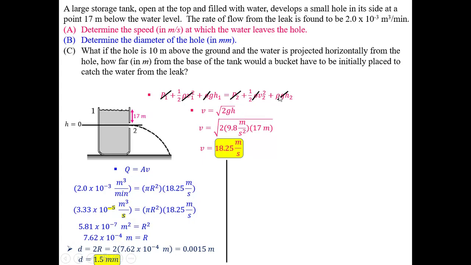To find where you would need to place the bucket initially, I'll set up my kinematics equation: delta x is equal to Vx times time. We know Vx already, being 18.25 meters per second initially. I don't know what time is, but the hole is 10 meters above the ground, which means the water would fall down 10 meters. So I can use another kinematics equation and solve for t. Delta y is 1/2 g t squared.